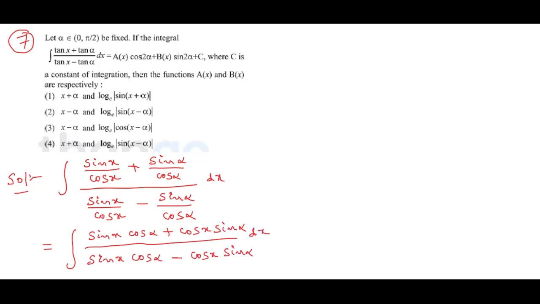Numerator is in the form of sin a plus b, denominator sin a minus b. So integration, numerator sin of x plus alpha divided by denominator sin of x minus alpha dx.